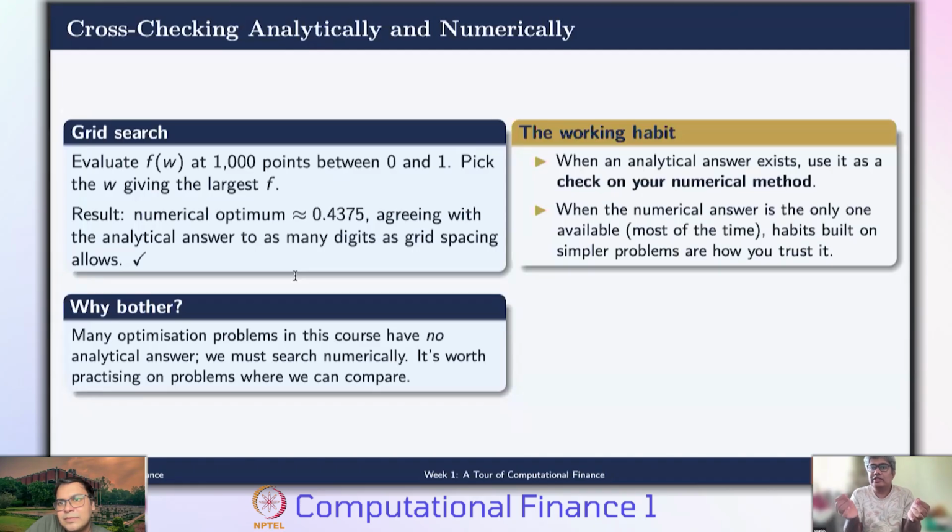But if instead of two assets I have three assets, then I have to do the grid search in two dimensions, over the simplex.